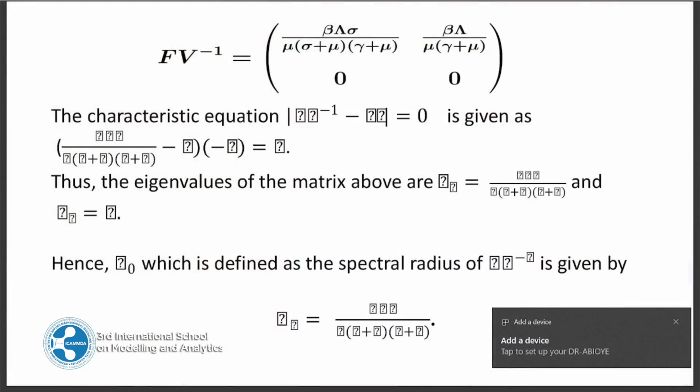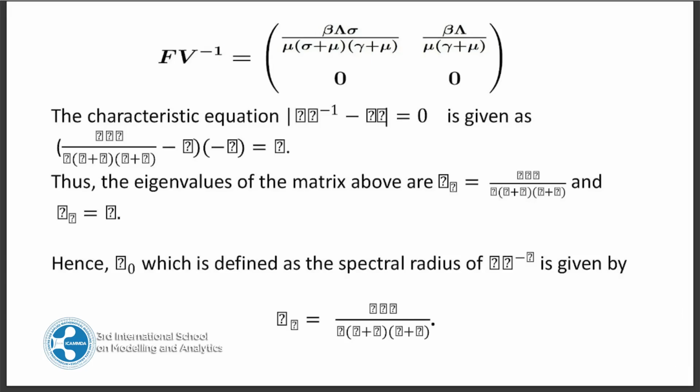We have FV inverse equals beta lambda sigma over mu into sigma plus mu into gamma plus mu, then beta lambda over mu into gamma plus mu, then 0, 0.